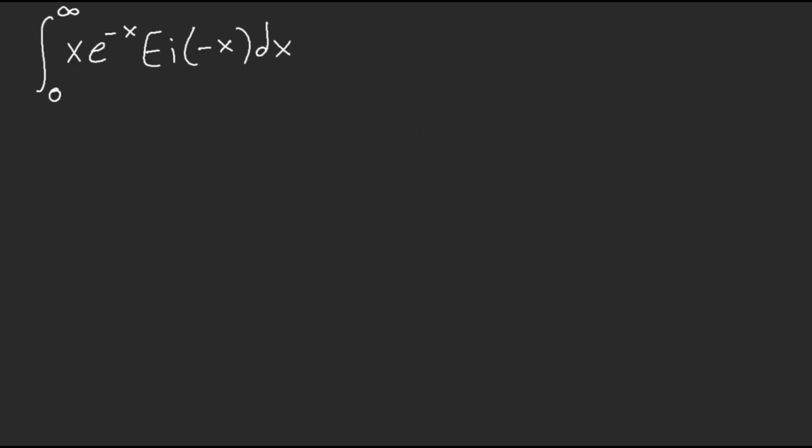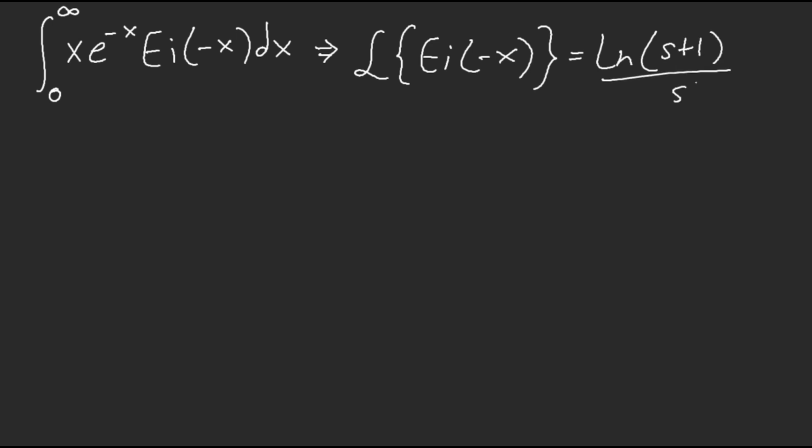If you remember what we had before, you just want to find the Laplace of e to the i negative x again. However, now that we have x at the front, we want to differentiate. In other words, the Laplace of e to the i negative x, from our last example, we had negative ln of s plus 1 over s.